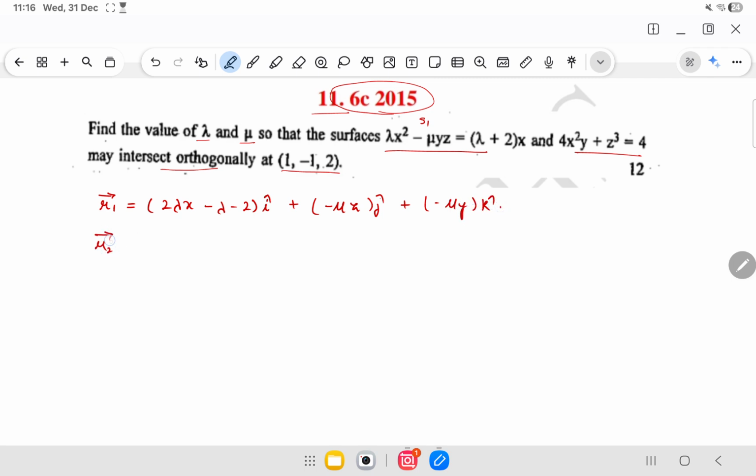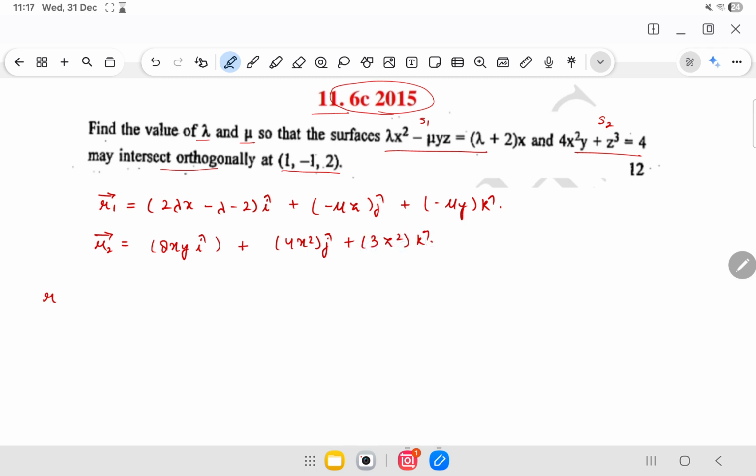Likewise, the r2 vector, which is the tangent at surface S2, will be 8xy i cap plus 4x square j cap plus 3z square k cap.